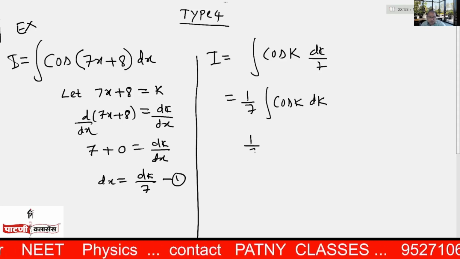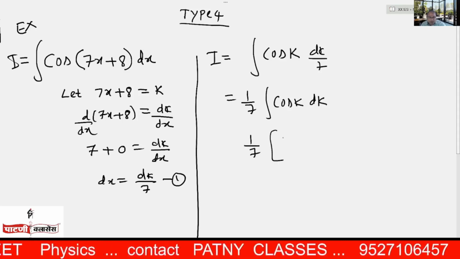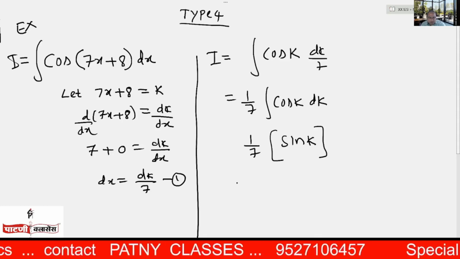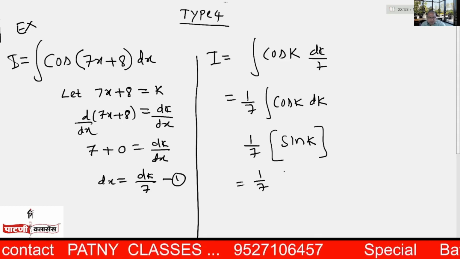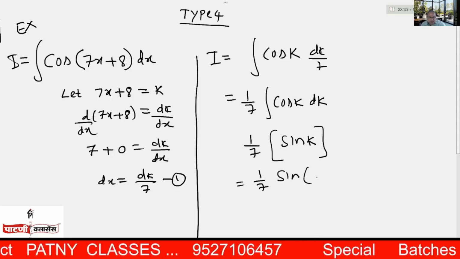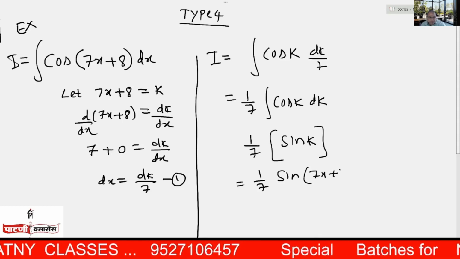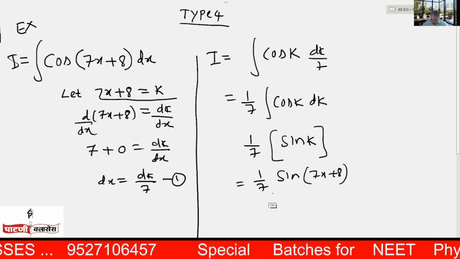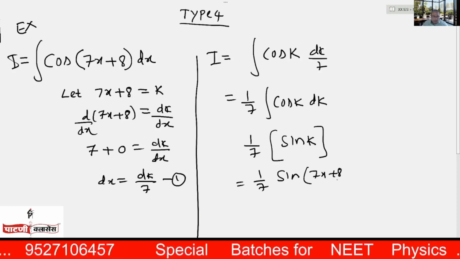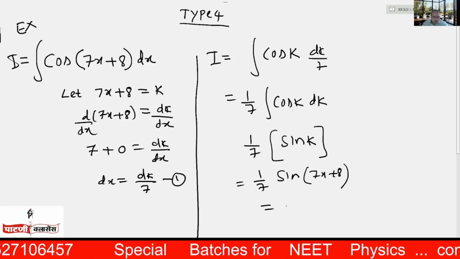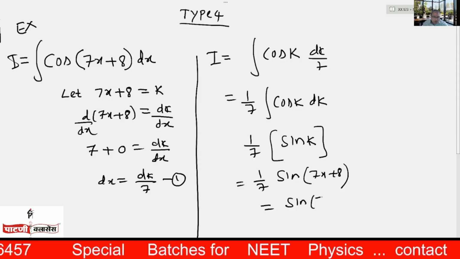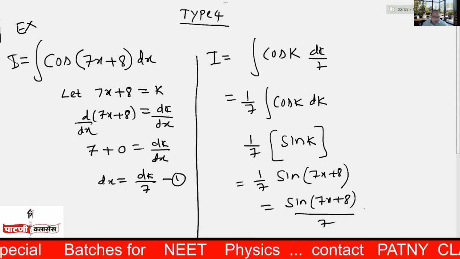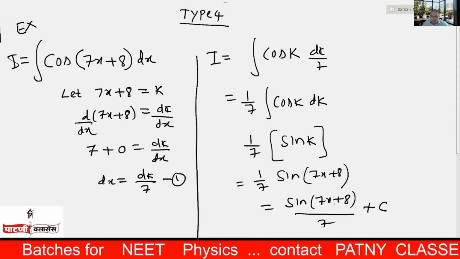The integration of cos k is sin k. Back substitution: we had kept 7x plus 8 equals k. So the final answer is sin of 7x plus 8 upon 7 plus c. This is the solution of the given question.